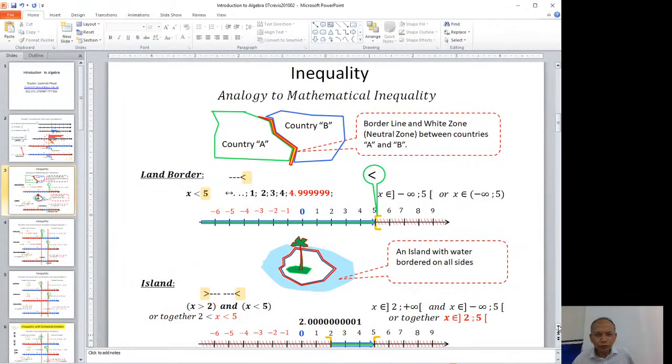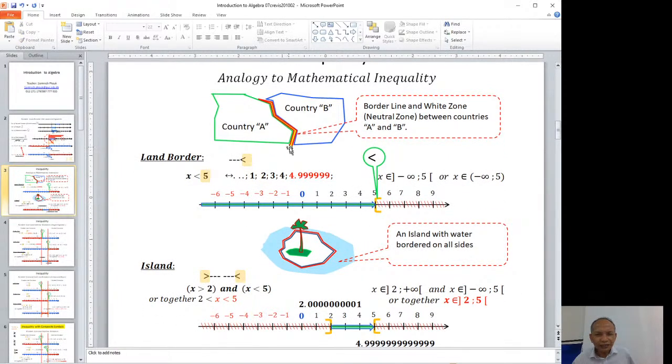What I want you to understand is like we have two countries, A and B, and we have a border, and here another country. It's an island country, surrounded by water, the sea, and many sharks in the water. You cannot step into the water here.